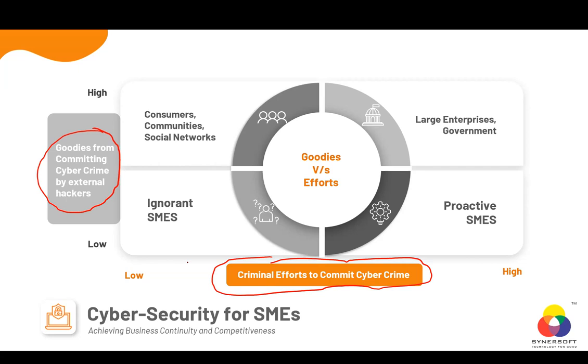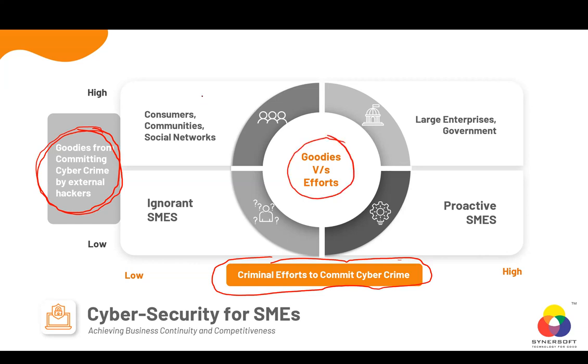So if I plan to hack some organization, I will first find out the organization which has lot of goodies or lot of juice to offer in terms of data breach. And I would also see that if that organization is too tough to hack, I would rather go to another organization which is relatively less tough to hack. So efforts to commit cybercrime and goodies from committing cybercrime would be the deciding factor that who the hackers would target. So goodies versus effort.